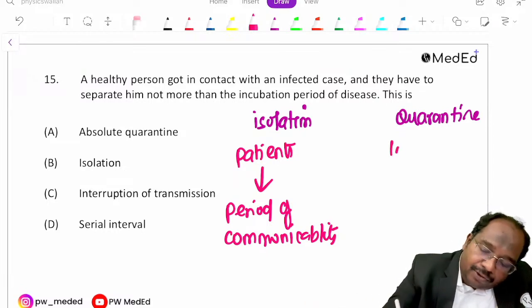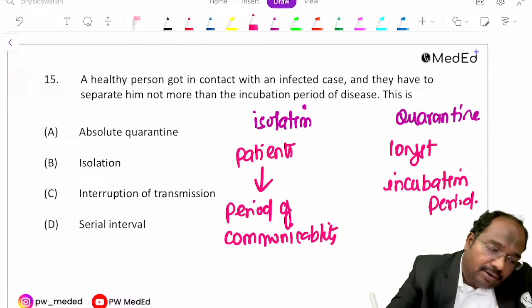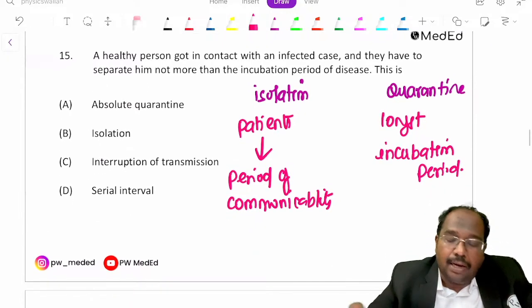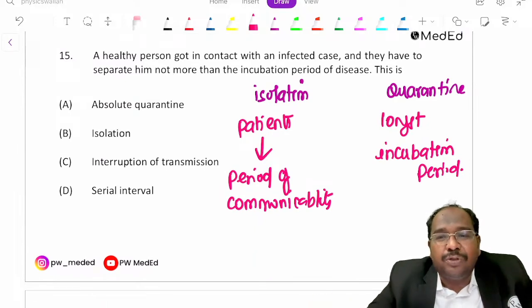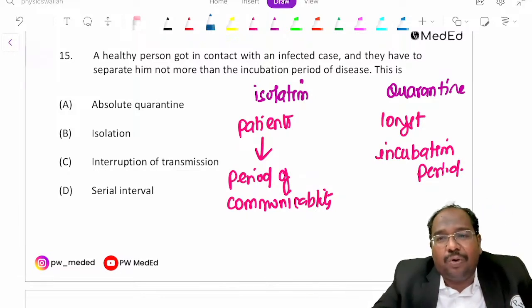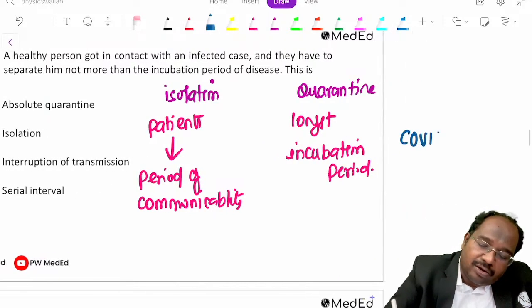Quarantine we should be doing for the longest incubation period. Can you tell me, suppose you want to do it for COVID, how long you have to do the quarantine? For COVID, the incubation period is how long?